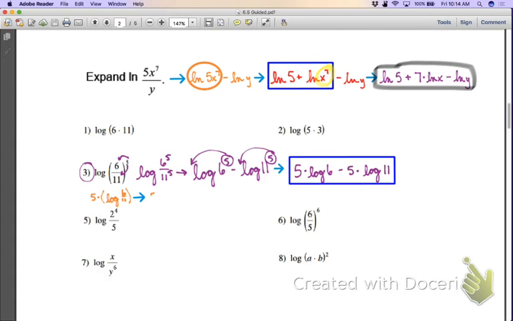But usually what's going to happen is leave it all in parentheses and then take log of 6 minus log of 11. Again, if you don't put it in parentheses, what I've seen happen a lot of times is students will just give the 5 to the log of 6 and they won't give the 5 to the log of 11. It's parentheses, so everything is going to get that same value.